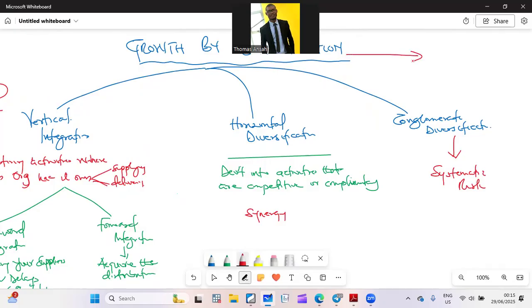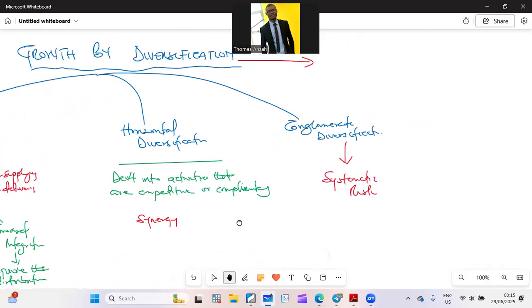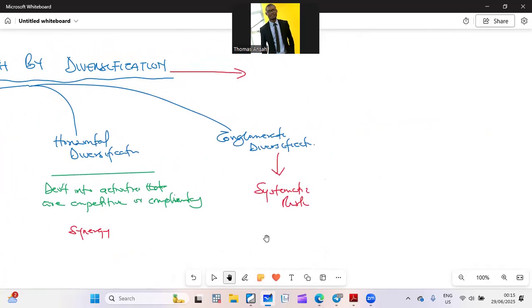The reasons for diversification, which we call drivers of diversification, are simple. Number one, clearly, they want economies of scope. What do we mean by economies of scope? Synergistic gains.